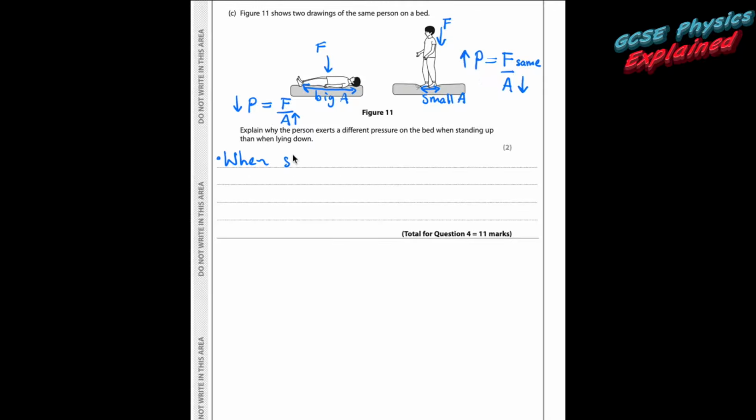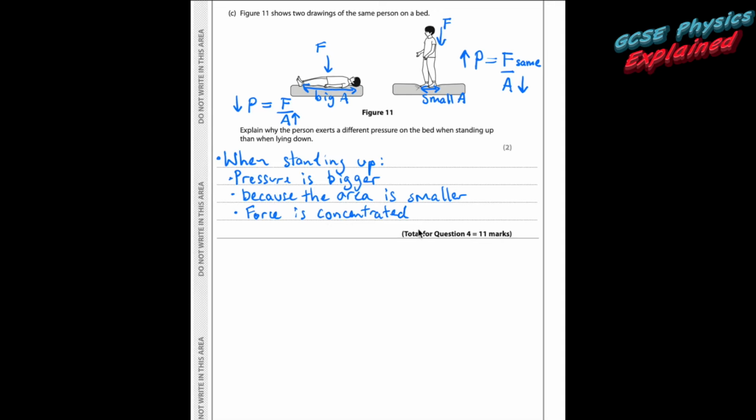When standing up, pressure is bigger because the area is smaller, so the force is more concentrated.